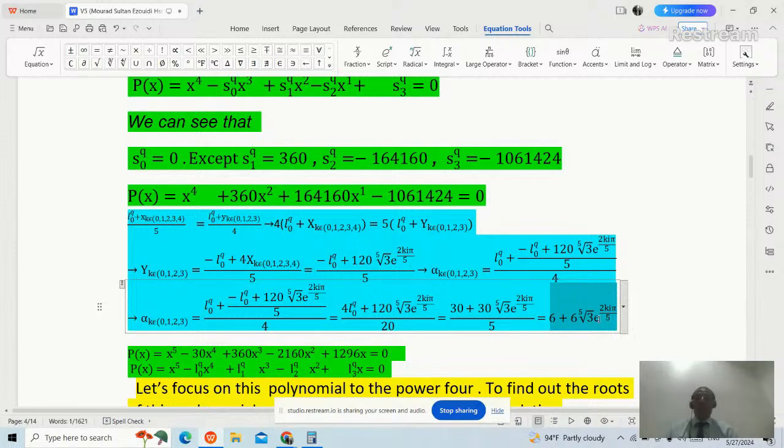When you extend a polynomial by x, by 2, by 3, and so on, you will get some alpha equal to 0, and the others contain the roots of the original polynomial. It's a good extension, it's a good method.